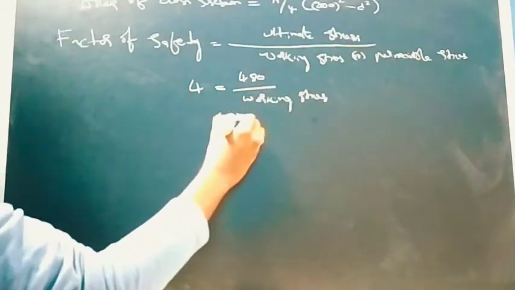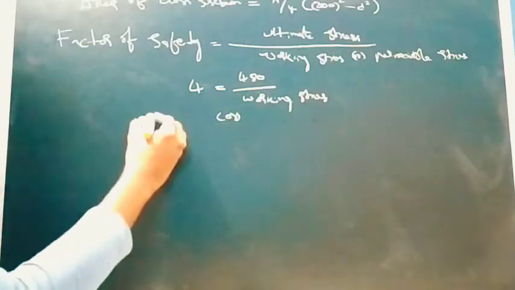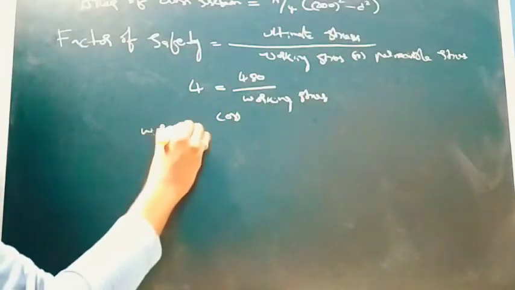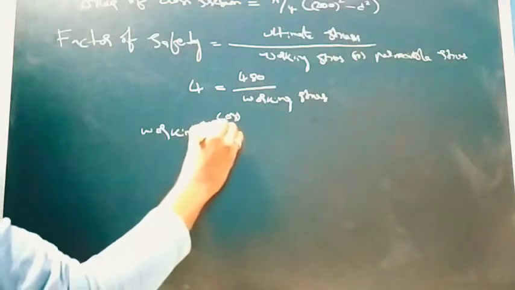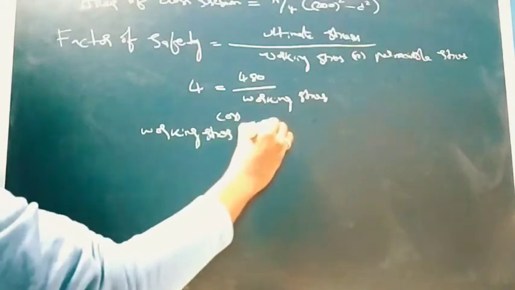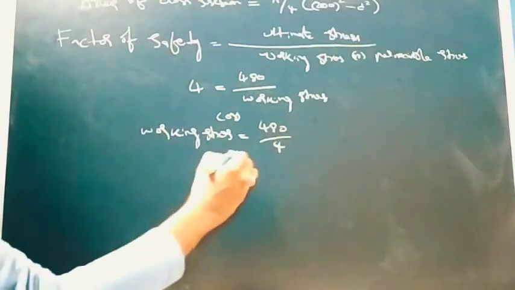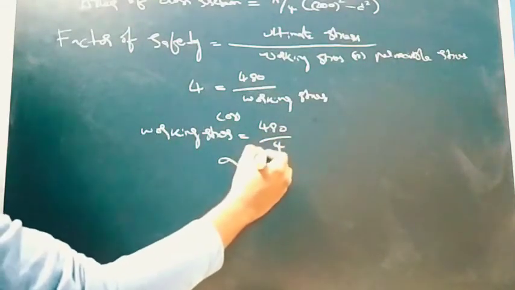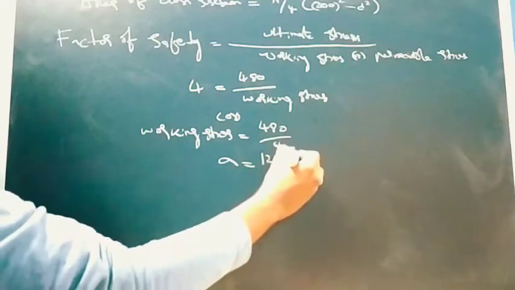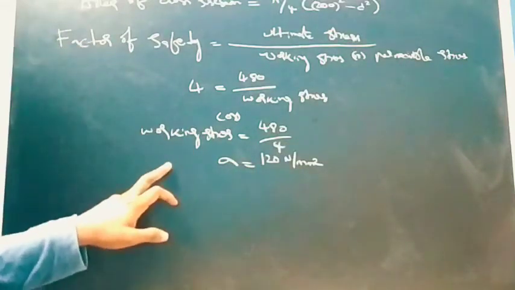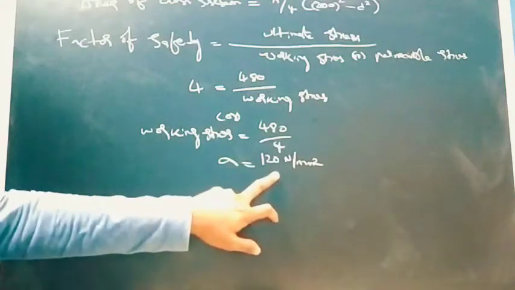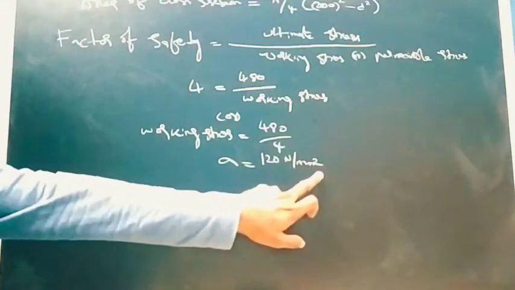So the working stress is equal to 480 upon 4, that is sigma equals 120 Newton per mm square.